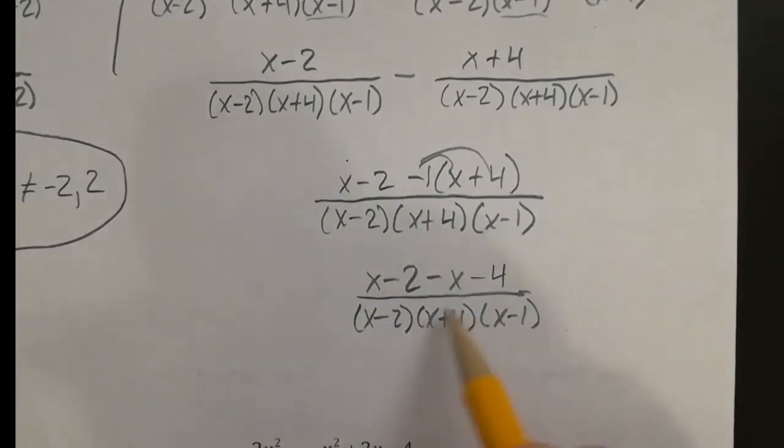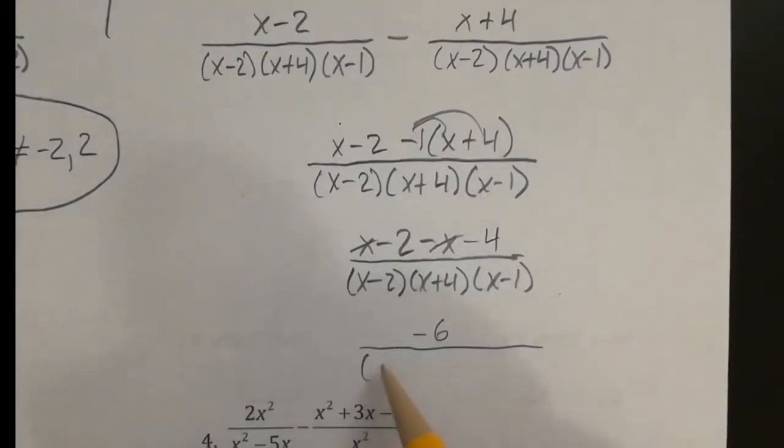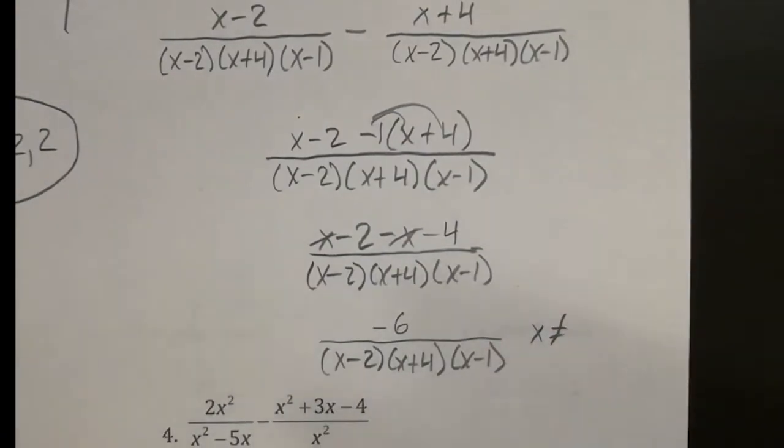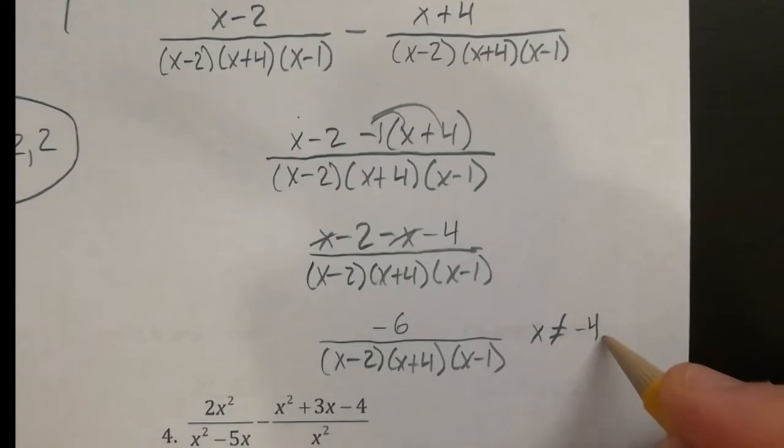Okay, so we have that, and these cancel out, because x minus x is 0, and then we have -2 minus 4 being -6. So we'll end up with -6 over all this business here: x minus 2 times x plus 4 times x minus 1. And we have to write down those excluded values that we identified earlier. So x cannot equal -4, 1, or 2.